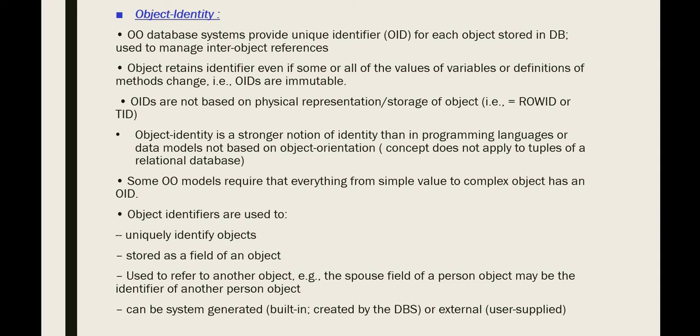That is, the spouse field of a person object may be the identifier of another person object. And lastly, the object identifier can be system generated, that is built in, which is created by the database itself, or it is externally generated by a user, a developer, or an administrator.